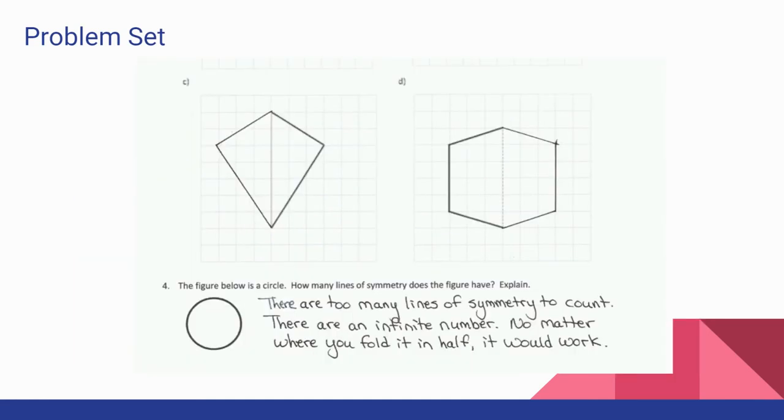Make sure your figures are the same on each side of that line of symmetry. And finally, for number 4, the answer here says there are too many lines of symmetry to count. There are an infinite number. No matter where you fold it in half, it would work.